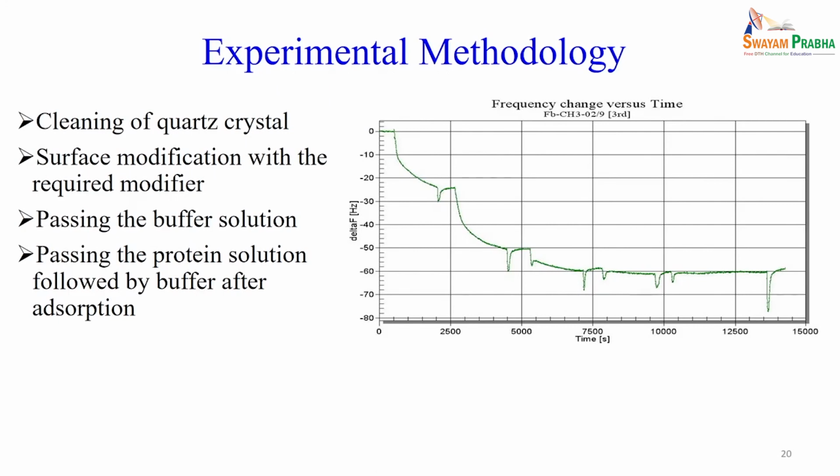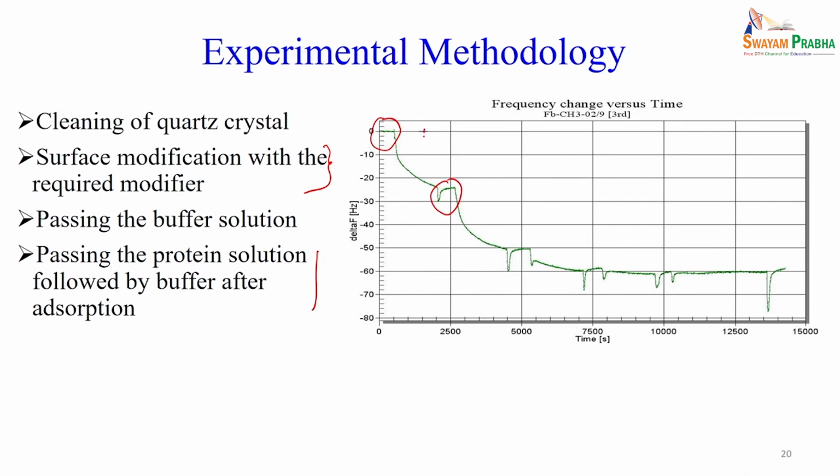As I told, first you have to pass the buffer solution, then if you want to use the surface modified crystal, that also is possible. Then you pass the protein solution, then again you pass the buffer solution to remove the unadsorbed protein.